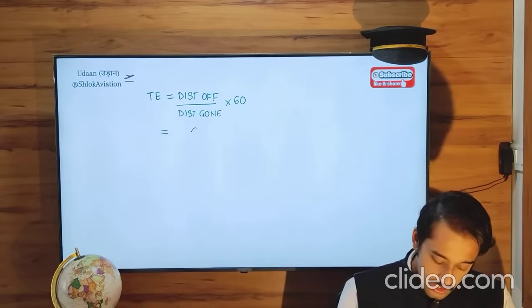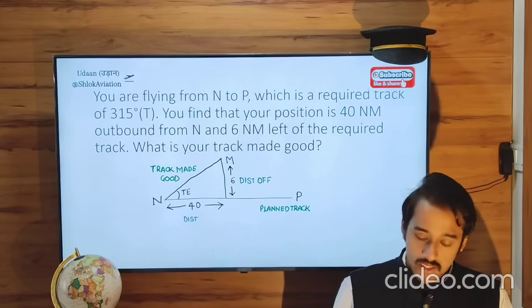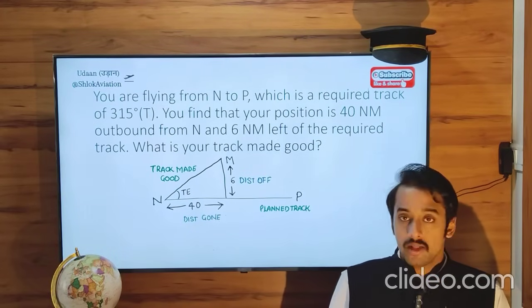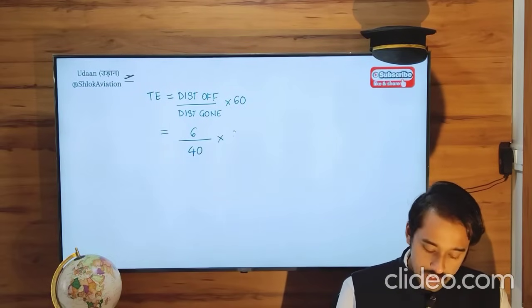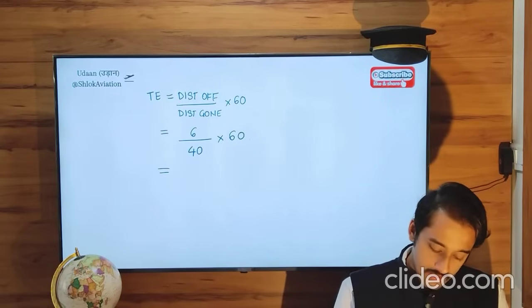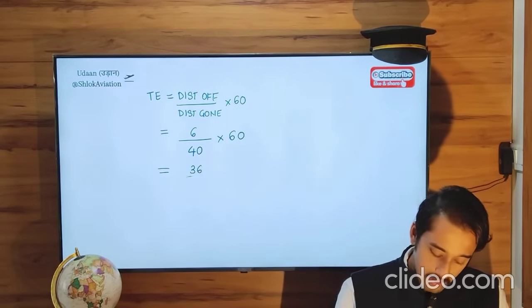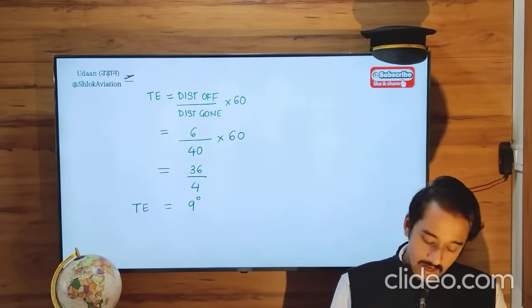What is distance gone? Distance gone is 40 nautical miles. So the total answer will be 9 degrees. So track error angle will be 9 degrees to the left hand side.